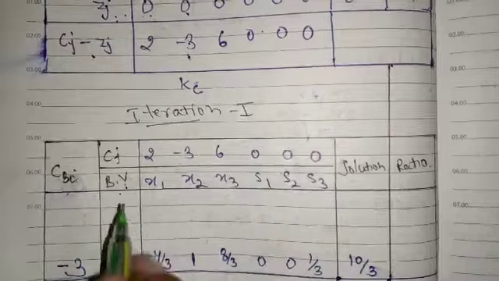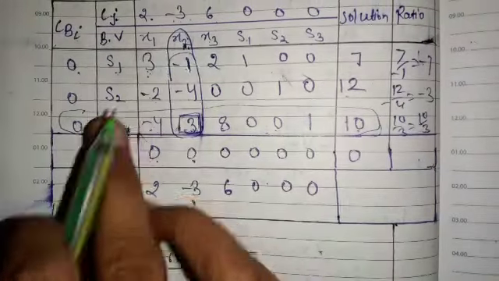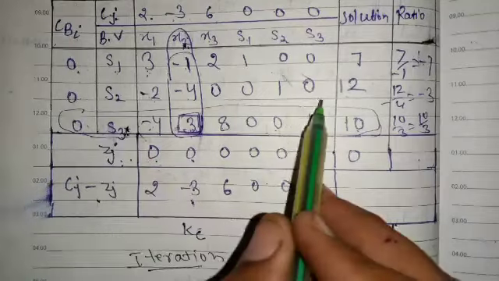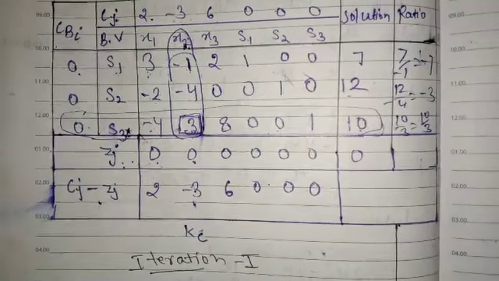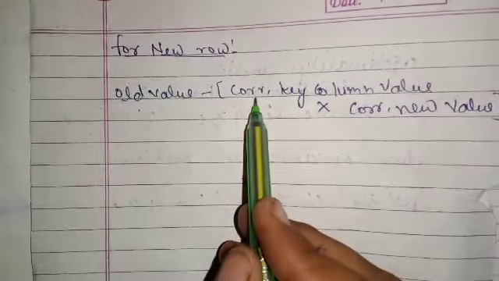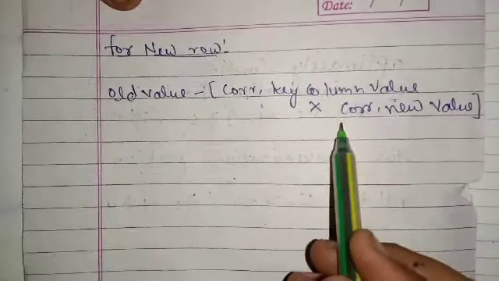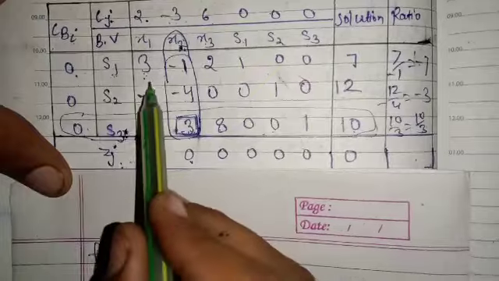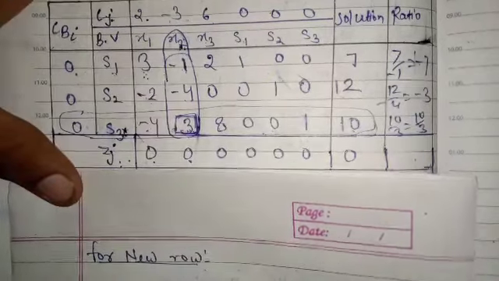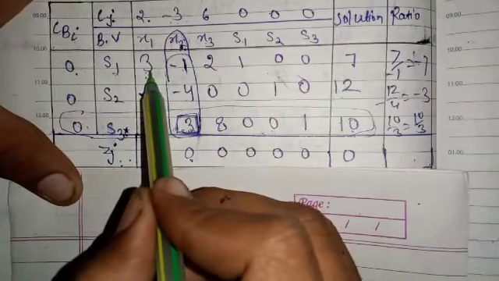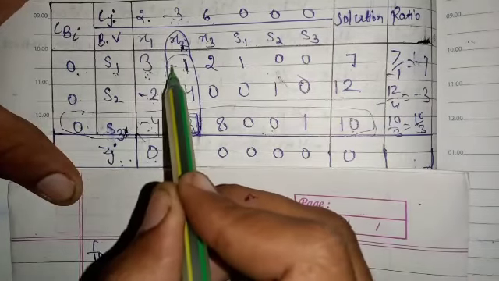Now we find the new values of s1 and s2. The formula for a new row is: old value minus the corresponding key column value, multiplied by the corresponding new value. Let's see the initial table. For s1 the old value is minus 3, and the corresponding key column value is minus 1.